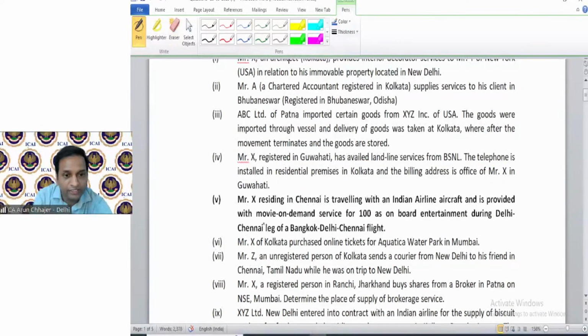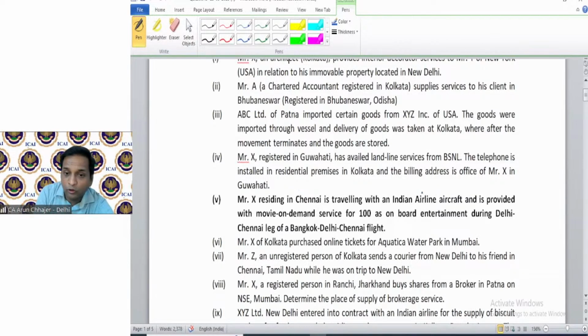Let me move to the next question. Mr. X residing in Chennai is traveling on an Indian airline aircraft and is provided with a movie on demand service for 100 as on-board entertainment during the Delhi-Chennai leg of the Bangkok-Delhi-Chennai flight.